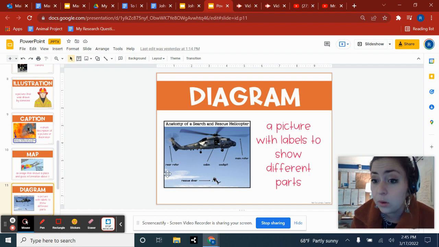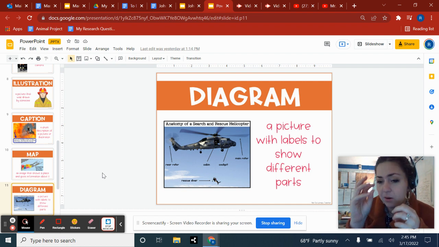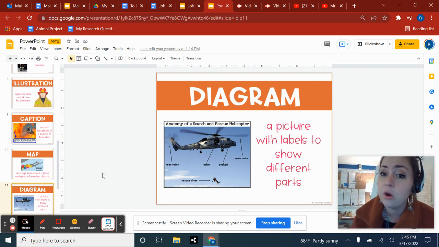They even label the different parts, like the rear motor, the cabin. They might show you the parts of a bicycle and the different things that make it a bicycle. They might show you the parts of a flower, and they'll show you the roots and the stem and the petals. Okay, so diagrams are the parts of something, and they show you the parts with these things called labels.